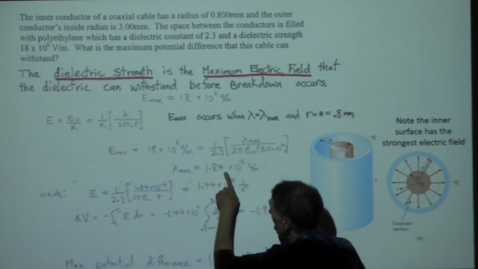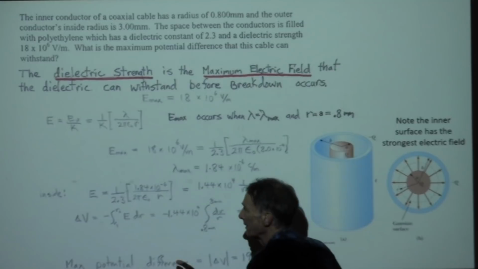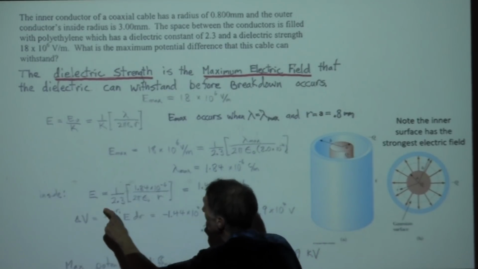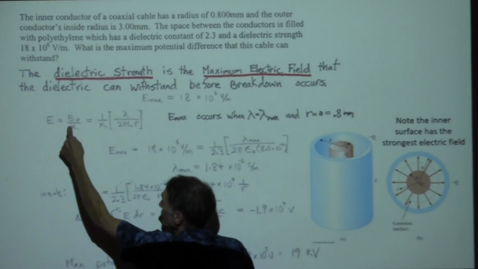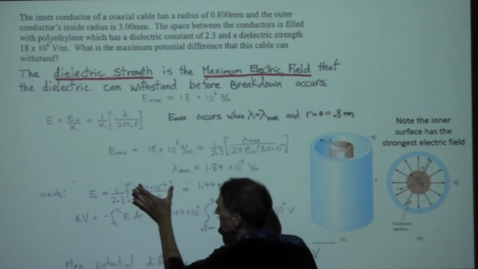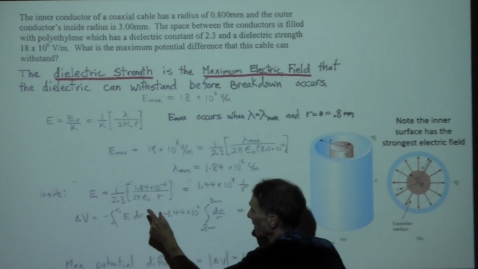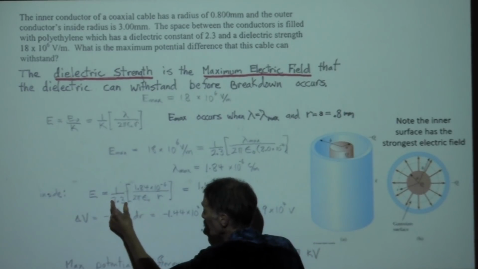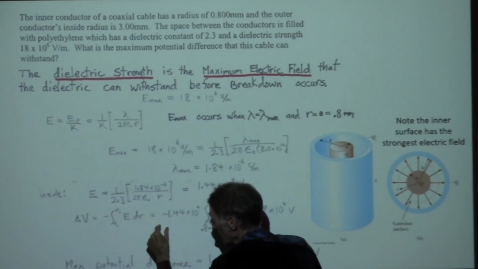Okay, and then once I have that, now I'm going to go back to get the electric field. Now, the electric field, I need to take the original electric field divided by kappa, the dielectric constant. And I'm using the electric field for lambda all over 2 pi epsilon naught r. And again, I'm adjusting for the fact that I'm on the inside here with this dielectric constant.